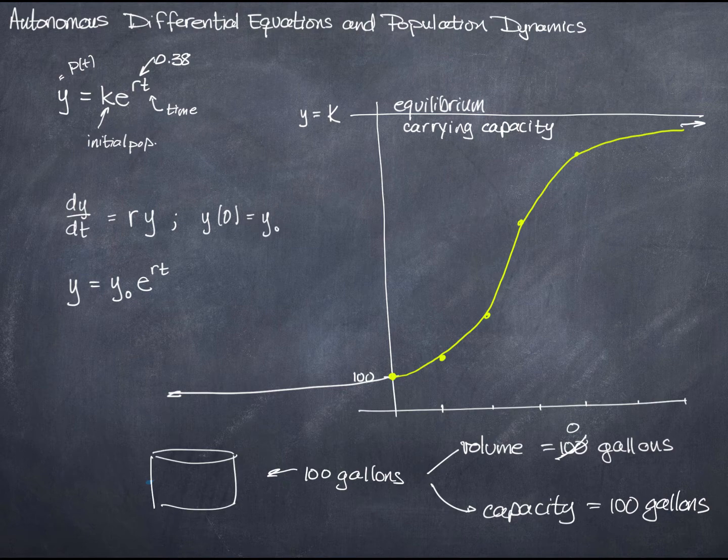Okay, and so the same thing is true of our carrying capacity. This is the largest amount of population that our situation can endure, whether or not we start with 100 bacteria in our petri dish or none. If we start with none, then clearly we're not going to have any population growth because there's no population to grow. But the capacity stays the same.